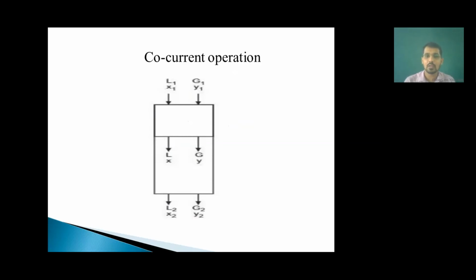Capital L is the flow rate for the liquid, capital G is the flow rate for the gas. You can see here for the inlet section L1 and G1, for the outlet section L2 and G2, and at any point in the absorption column capital L and G. Similarly the composition is small x and small y at any point in the absorption column, and for the inlet x1 and y1, and for the outlet x2 and y2.